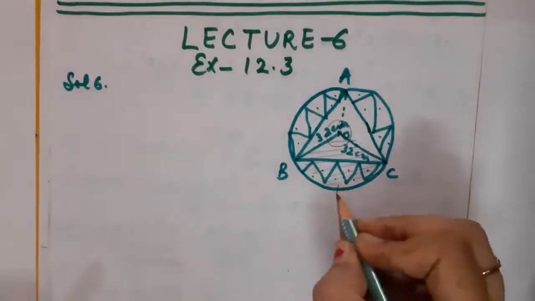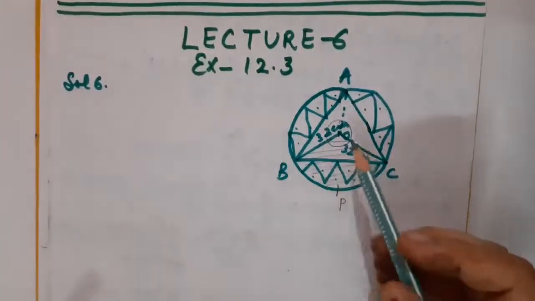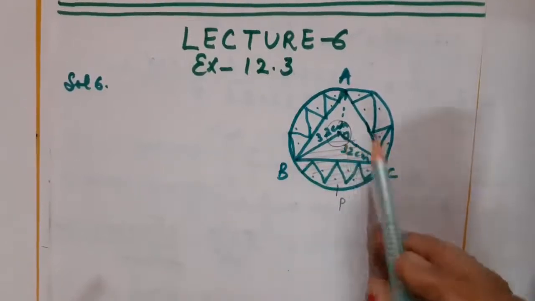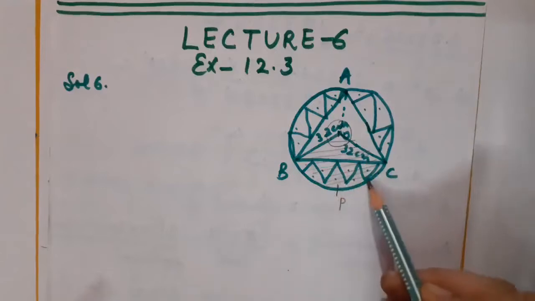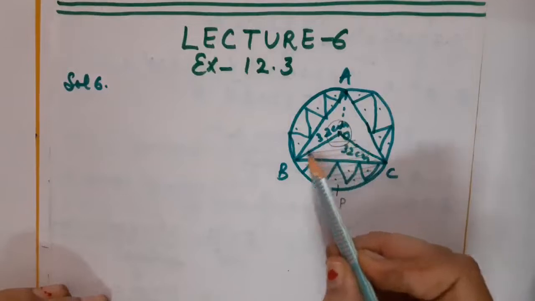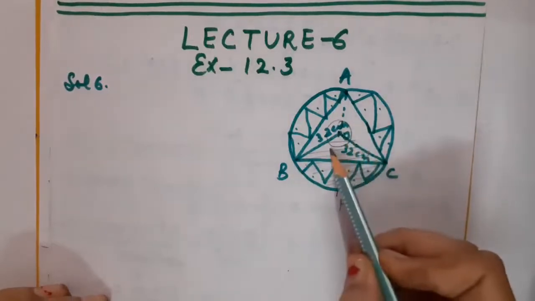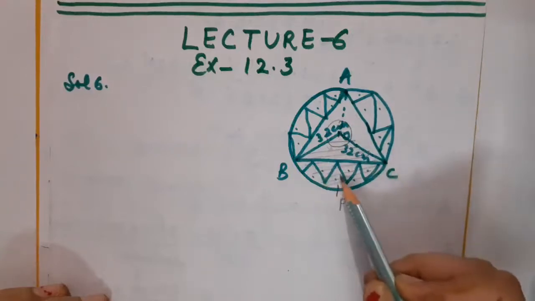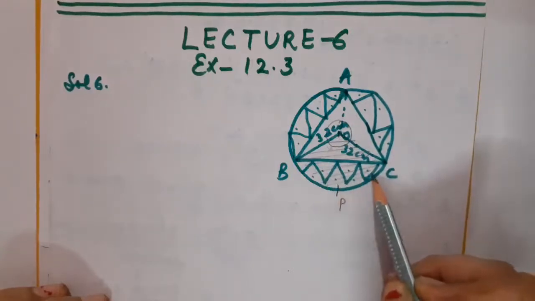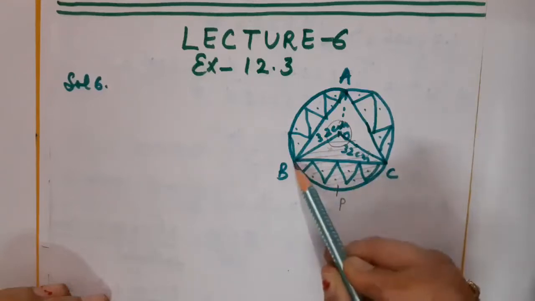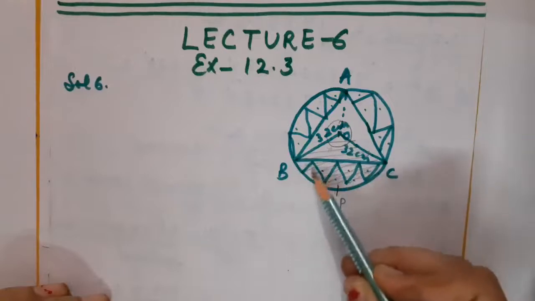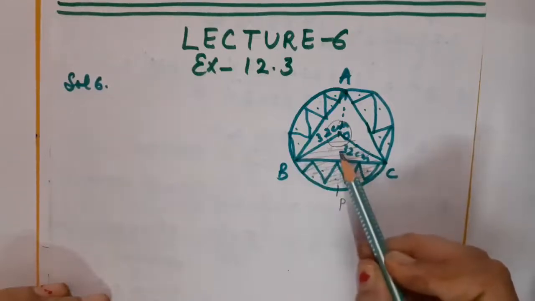You can even give the name here, OBPCO. So this complete part is the sector of the circle. If from this sector I subtract the area of triangle OBC, then I will be able to calculate the area of this design, that is BPCB. Yes or no?